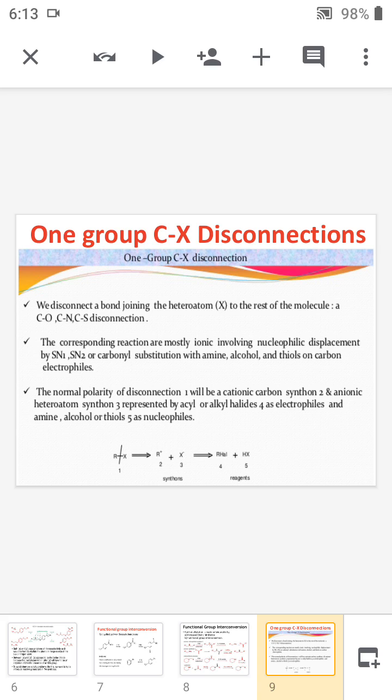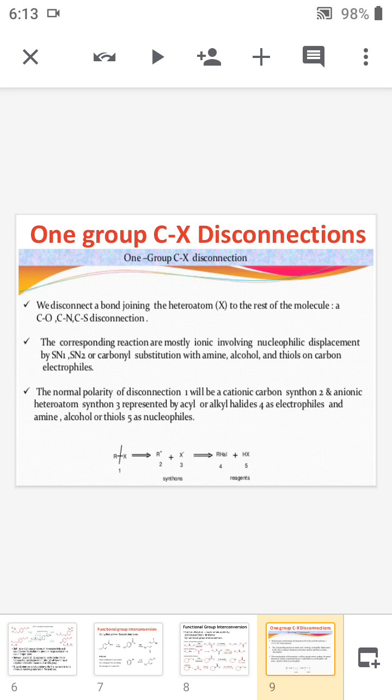In that case, we are creating a nucleophilic displacement by SN1 or SN2 or carbonyl substitution with amine, alcohol or thiol or carbon electrophile. So the normal polarity of the disconnection will be cationic carbon synthons or anionic heteroatom synthons, represented by the acyl or aryl halide as electrophile and amine, alcohol or thiol as the nucleophile.